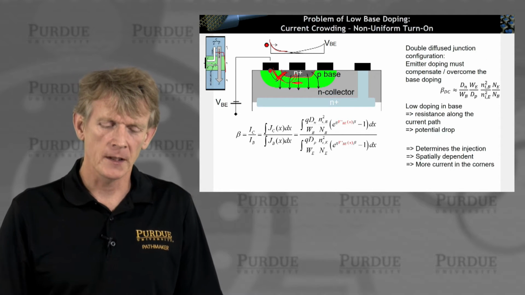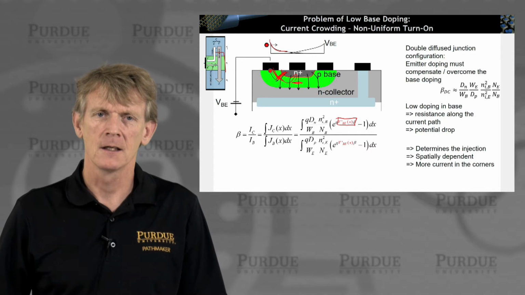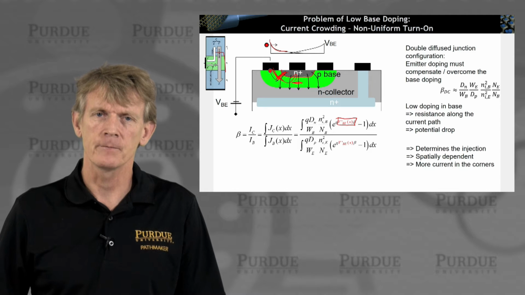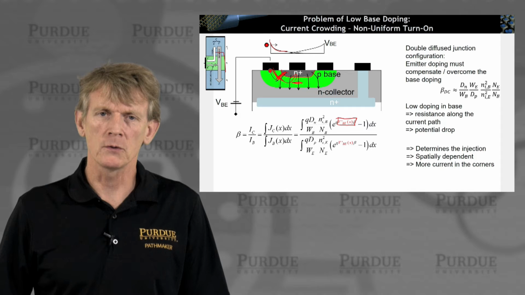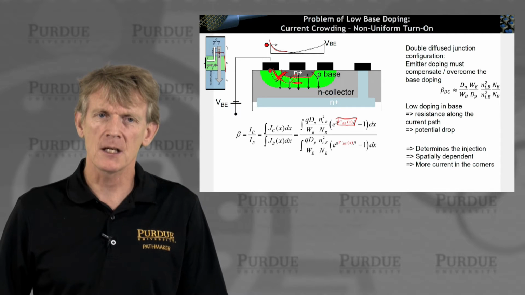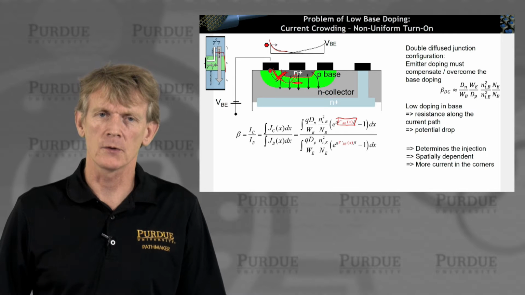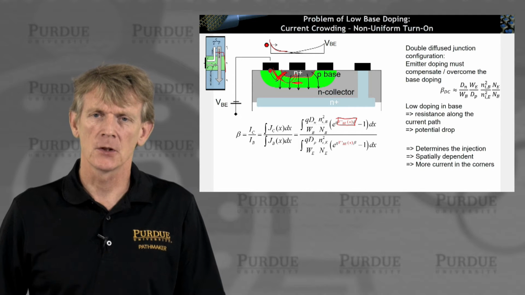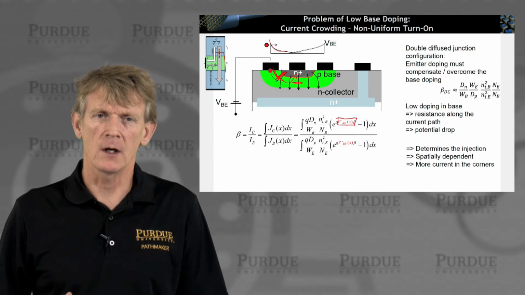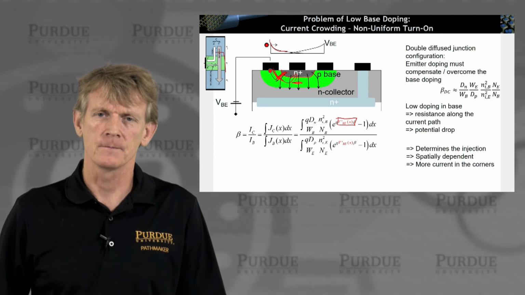But the take-home message of writing down the expression here is that you now have a spatially dependent potential, VBE, base emitter potential. And that sits in an exponent. So small changes to that potential will have dramatic changes in both the base current and the collector current. All right? So having a resistive drop inside your base is not a good thing. And having corner effects is not a good thing.